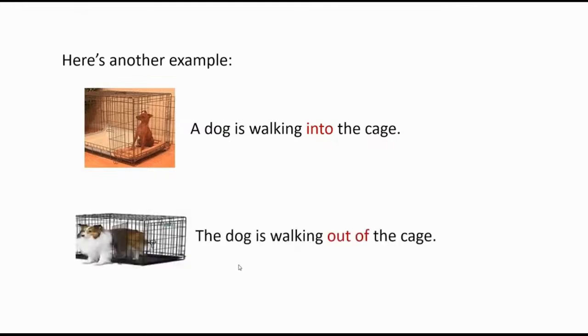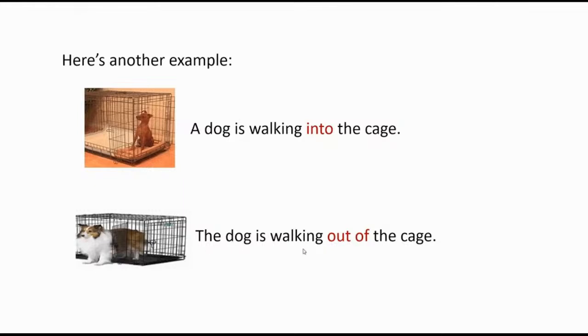And here's another example, the opposite. The dog is walking out of the cage. This means that the dog is leaving the inside of something. It's starting from inside the cage and now is coming out of the cage.